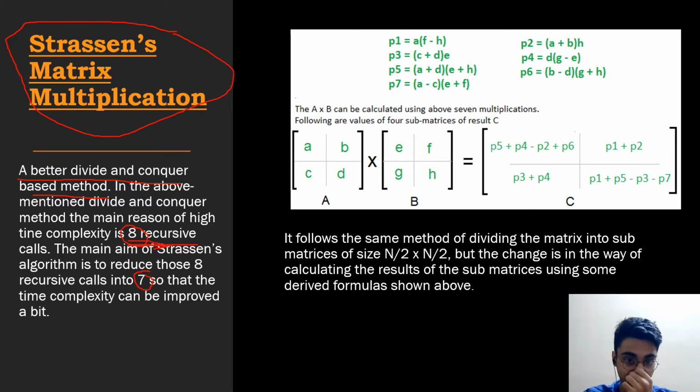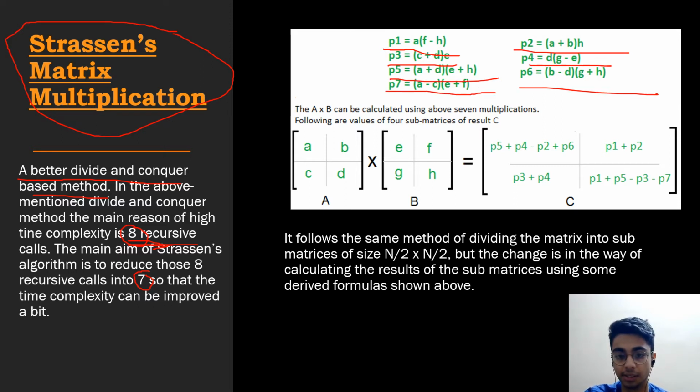So the 7 calls may have changed the time complexity. Let's see how. So this is the 1, this is 2, this is 3, this is 4, this is 5, 6 and 7. These are the 7 formulas that are being used, and after computing all this, this is the formula that is used to compute the resulting matrix.